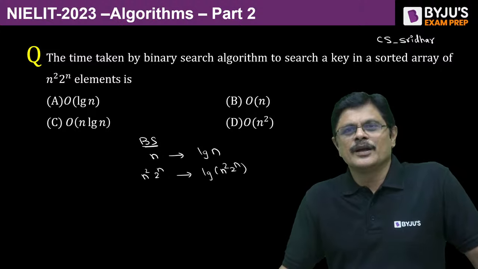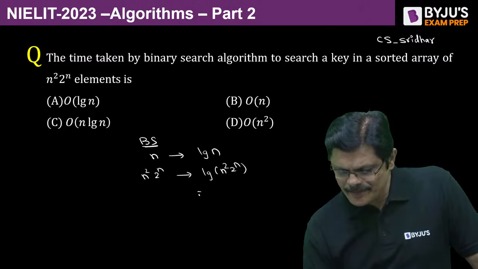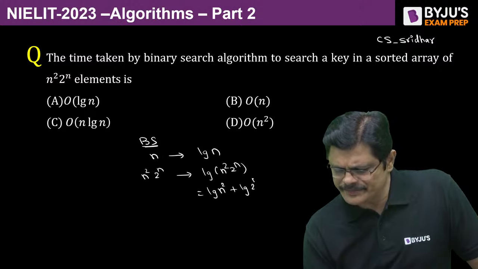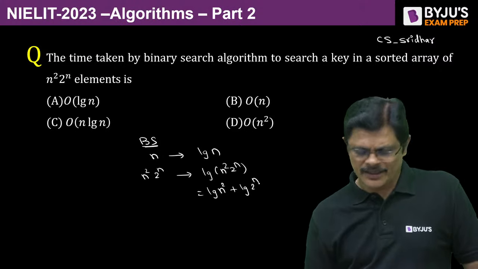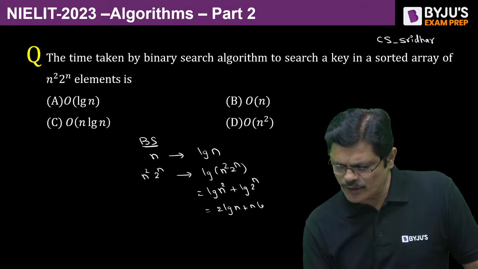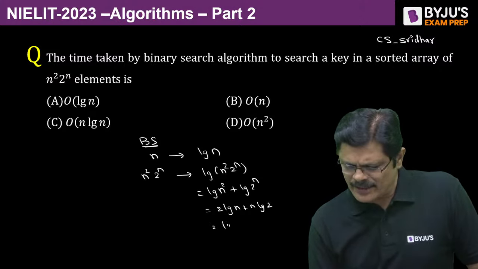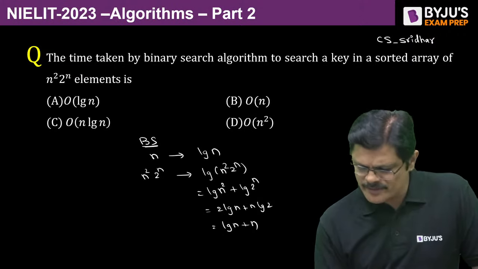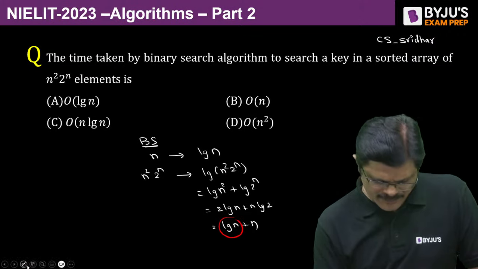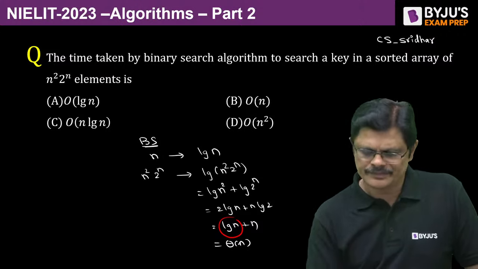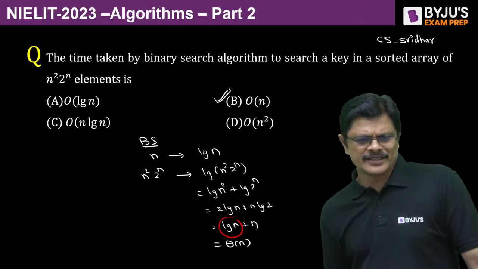Log AB can be written as log A plus log B, which is nothing but 2 log n plus n log 2. That is nothing but log n plus n. Drop the lower order terms and you get the answer theta n. You can write Big O of n.